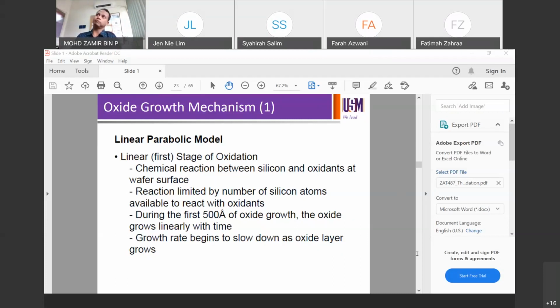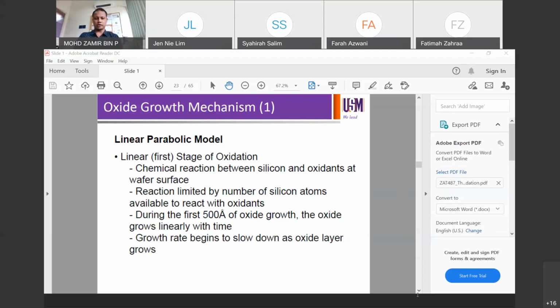Higher surface area? Okay, makes sense. Okay, what else? When do you get higher surface area? Bila you ada higher surface area, how do you get higher surface area? Can you do that? No idea?